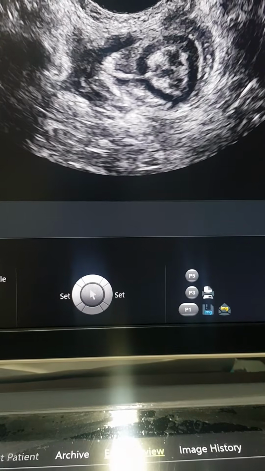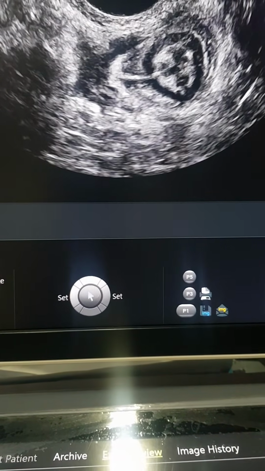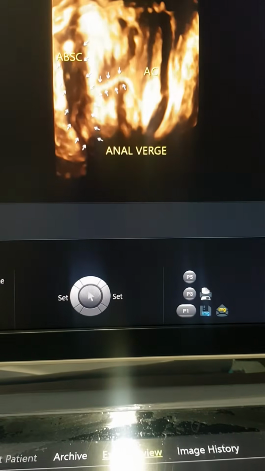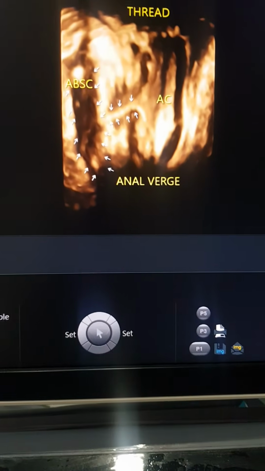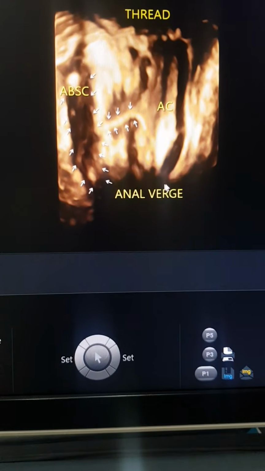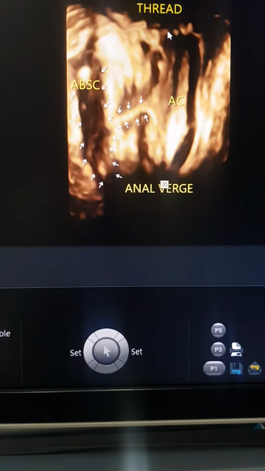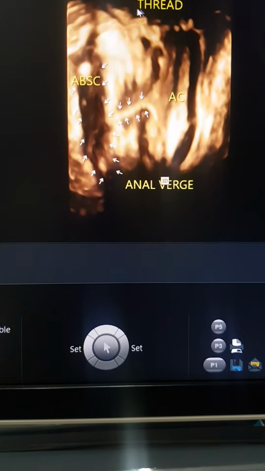Then I looked at some more anatomy and subsequently performed a 3D. When we did a 3D, I was really amazed to see the anatomy. This is the anal verge, that is the anal canal opening. That's the upper end of the anal canal. That's the levator ani.